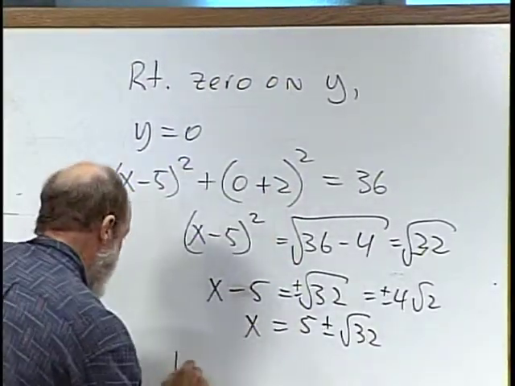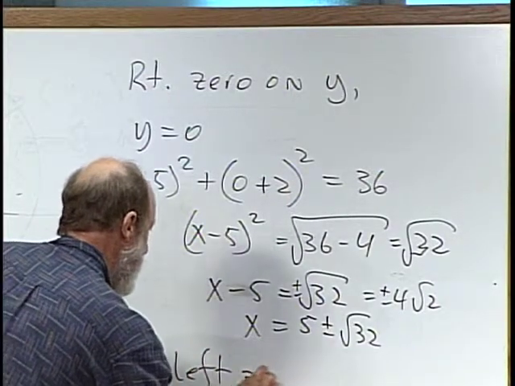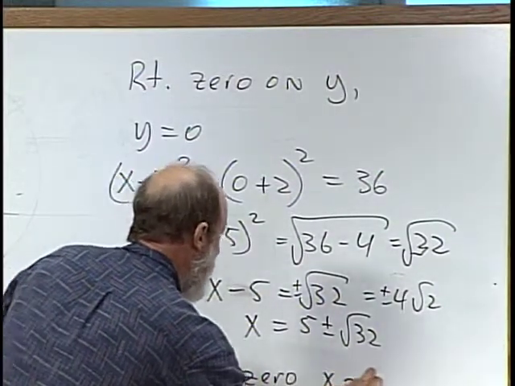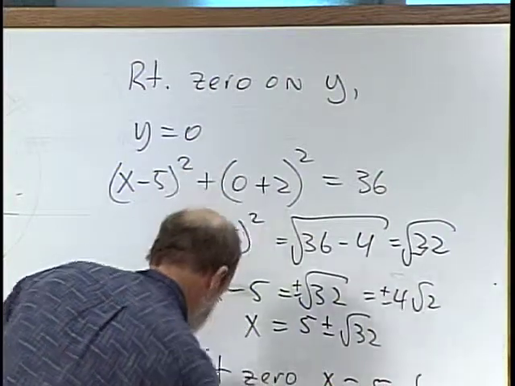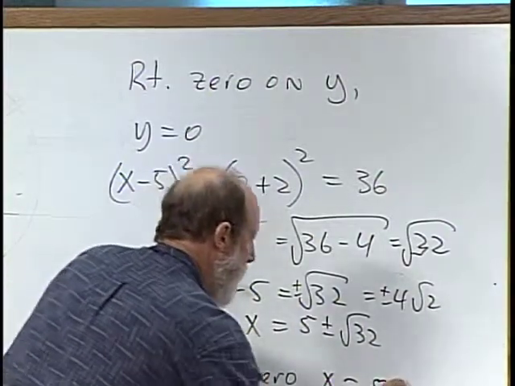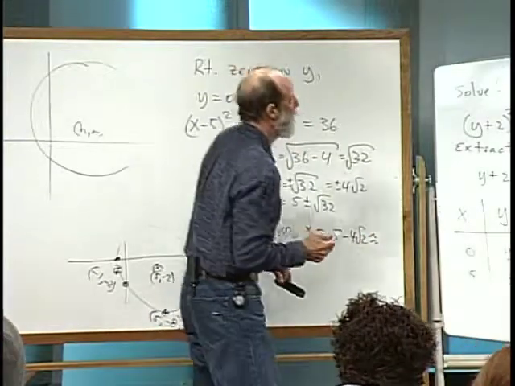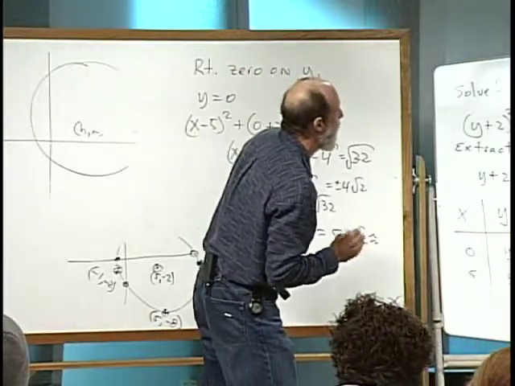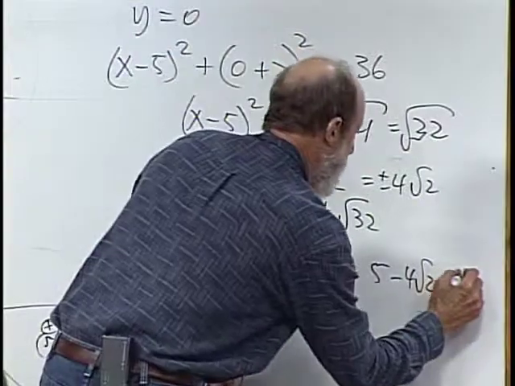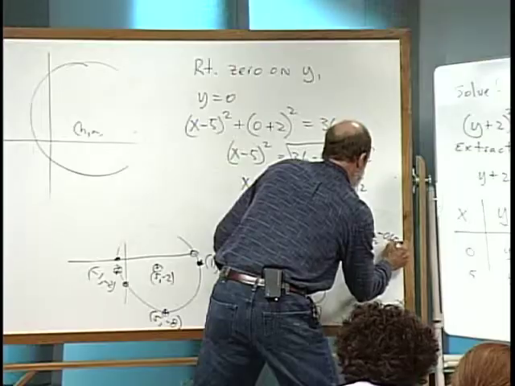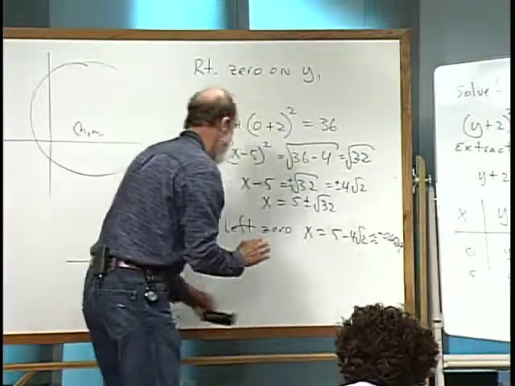Your left 0 is x equals 5 minus 4 square roots of 2. That's exact, and the approximate was what? Negative 0.6569. Sorry for being messy and quick here.